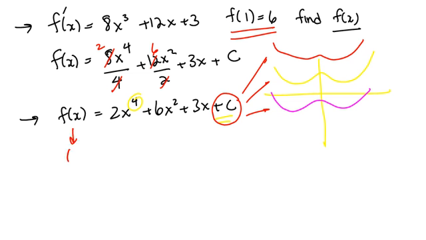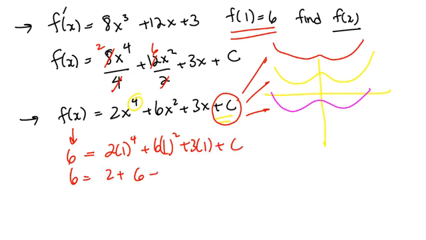So when x is 1, we know that the function is equal to 6. So I'm going to plug 1 in here everywhere I see an x, and that allows me to solve for c. So the 6's cancel, and I end up with c equals negative 5.